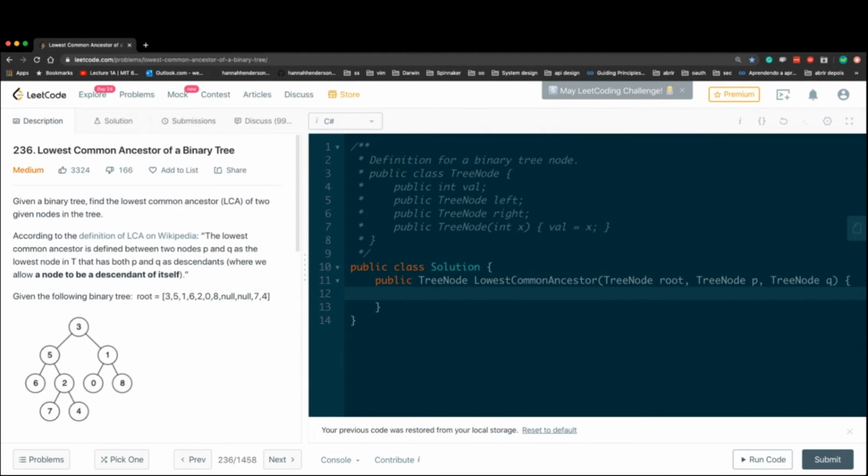Okay, so even if the exercise is not saying, let's check if the inputs are valid. So let's check if root is not null and P is not null and Q is not null.